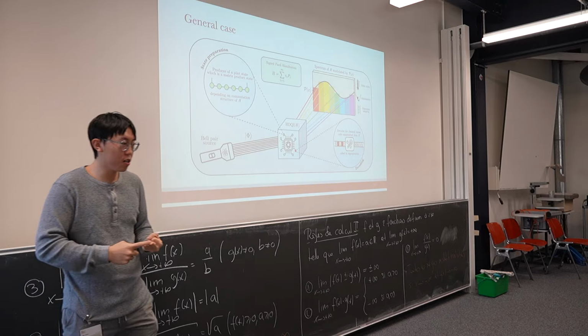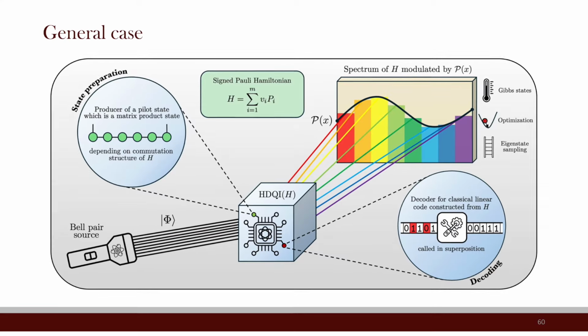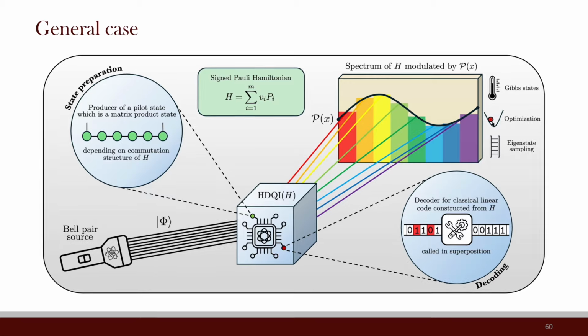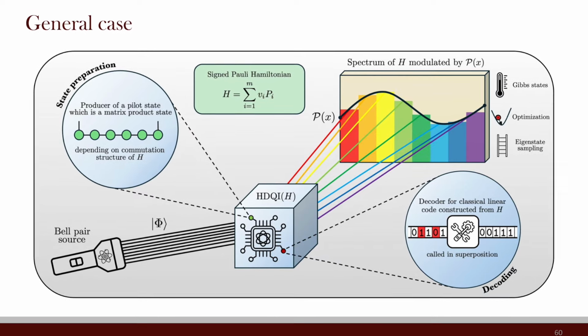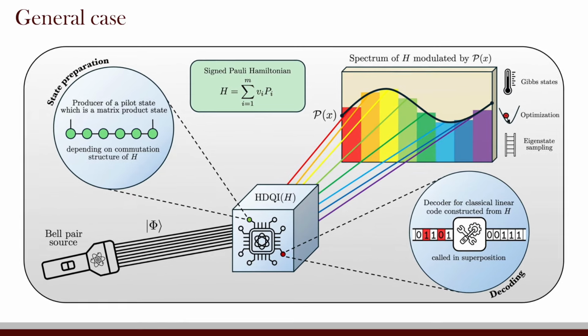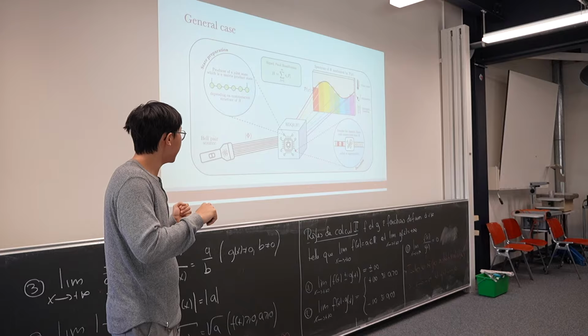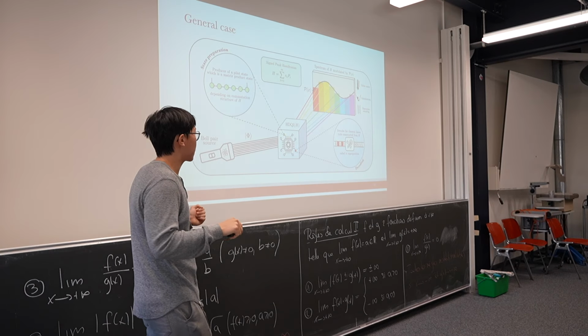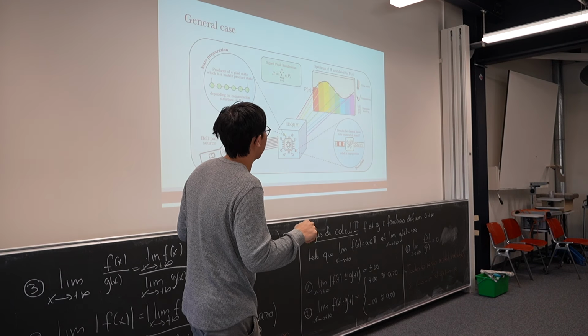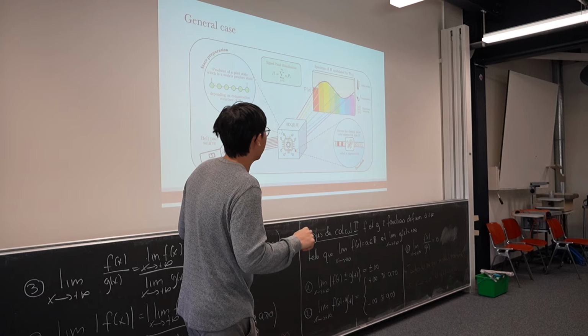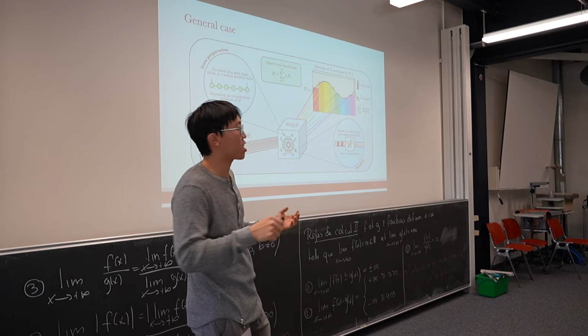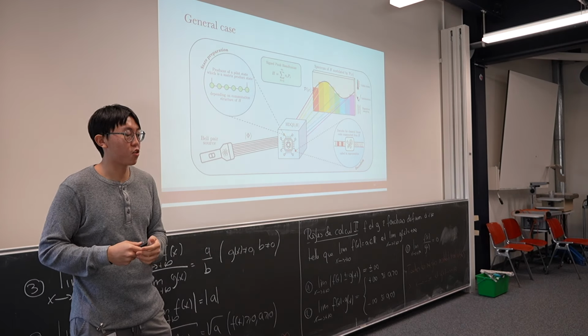It takes a decoder that decodes many errors for the symplectic code of the Hamiltonian. And if it has these 2 things, it will transform an input source of Bell states, of maximally entangled states, into this polynomial state that we showed in a previous slide, such that you can choose it to approximate Gibbs states, ground states, etc.